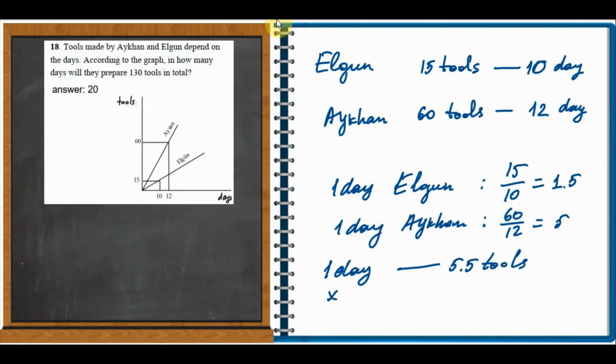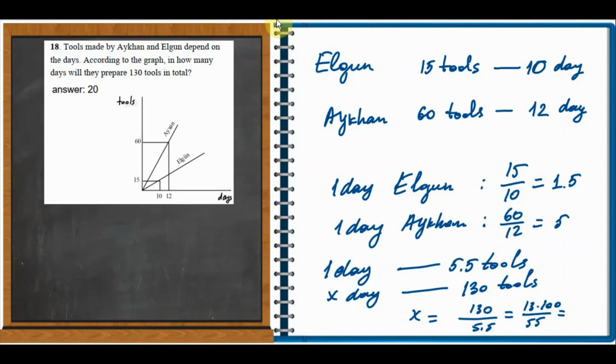But for how many days? They will make 130 tools. That's direct proportion. x equals 5.5, 1 multiplied by 130. That's just 55 over 13 multiplied by 100. Let's simplify.